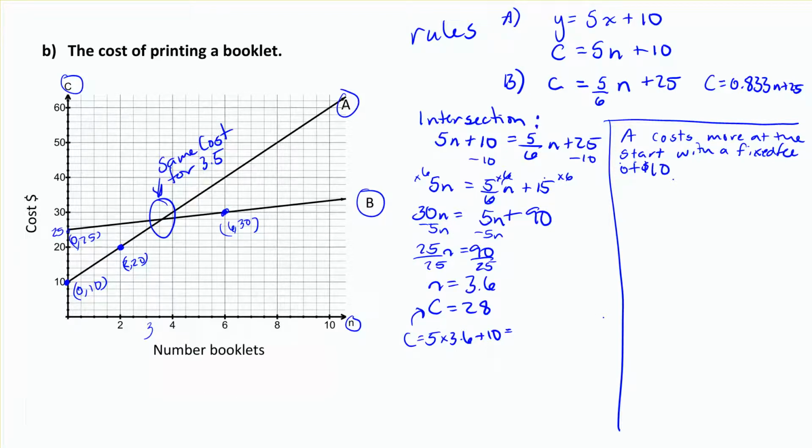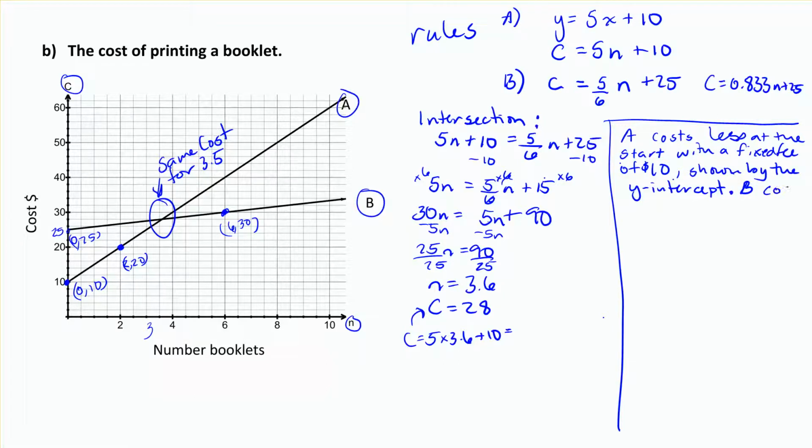Basically what we're saying by that y-intercept is that before they print any booklets, if you're going to run a job with them, there's a $10 fee that you have to pay. Fixed fee of $10 shown by the y-intercept.